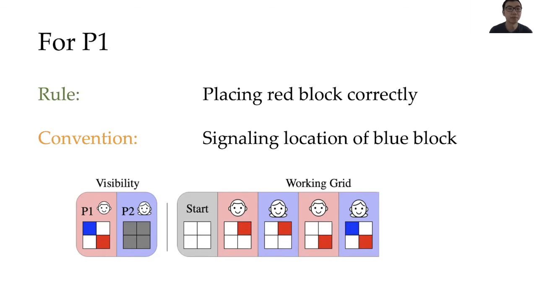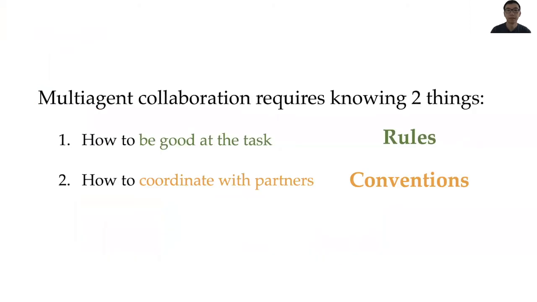So from player one's perspective, there's two components to solving this task. First, placing the red block correctly, and second, signaling the location of the blue block to his partner. So going back to our earlier slide, multi-agent collaboration requires knowing two things, and going forward, we'll refer to these two things as rules and conventions.